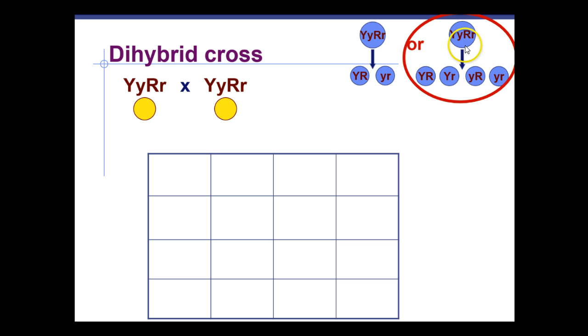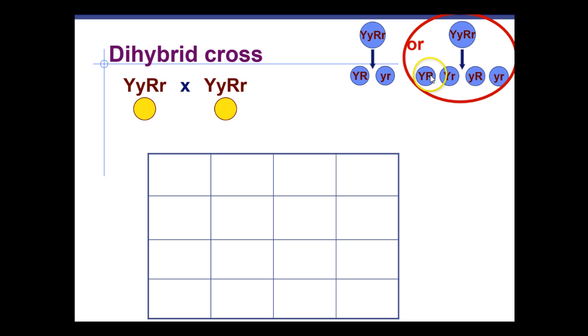And so our F1s are all big Y, little y, big R, little r. And when gametes are made by those individuals, they can come in these different combinations: big Y big R, big Y little r, little y big R, and little y little r.